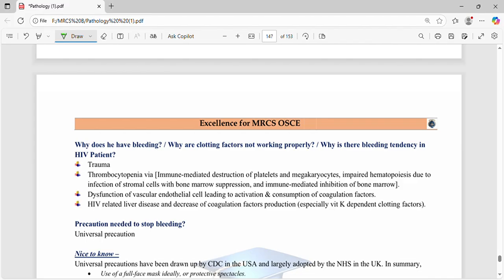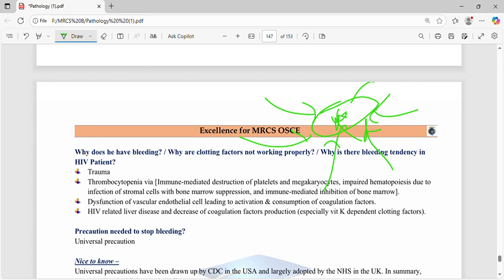Let's suppose this is a normal cell and HIV goes inside and infects this cell, so the body's immune system acts against it. They kill the cell because HIV is hiding there. This is immune-mediated destruction of platelets and megakaryocytes. Dysfunction of vascular endothelial cells leads to activation and consumption of coagulation factors.